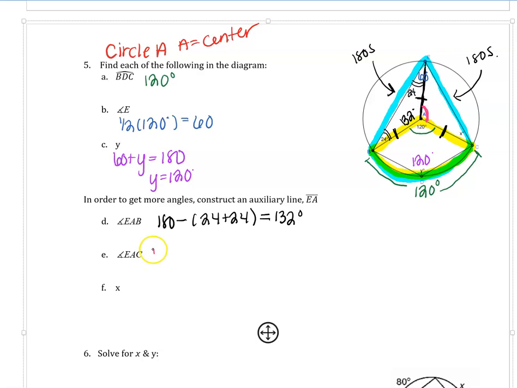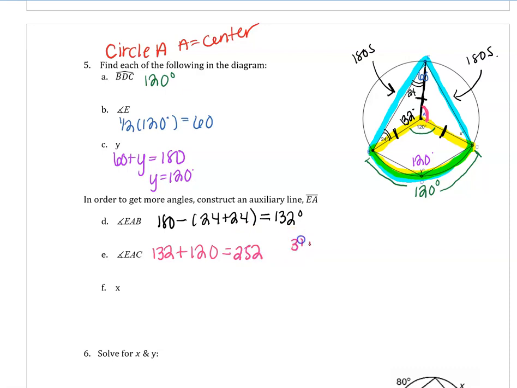So I can do 132 plus 120, which gives me 252. And then I can do 360 minus 252, which leaves me with 108 degrees.